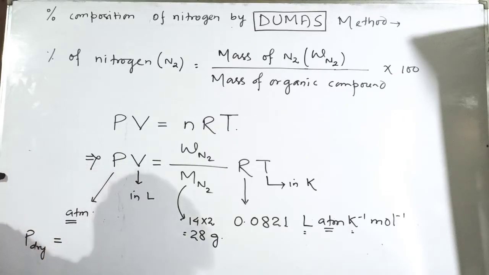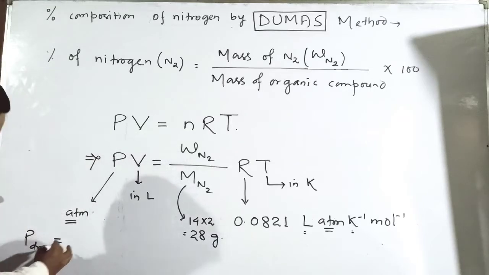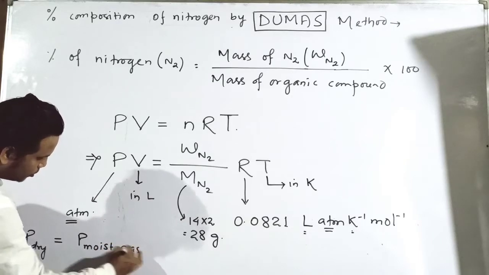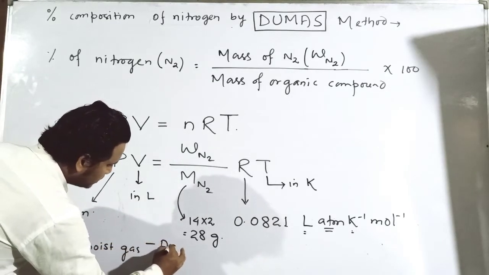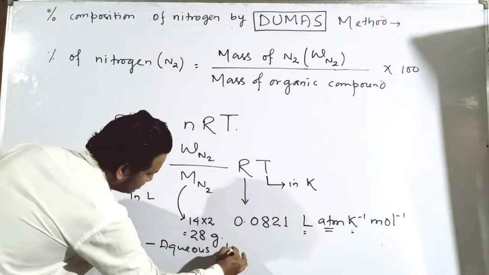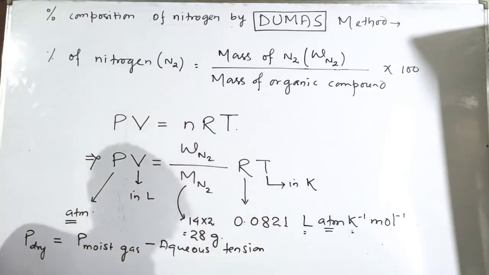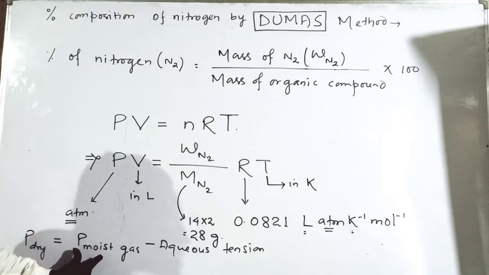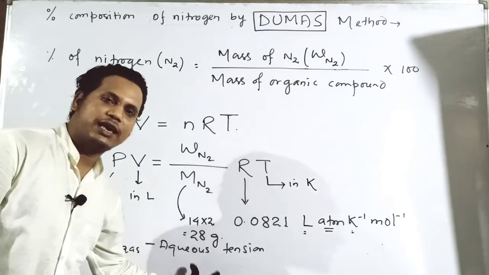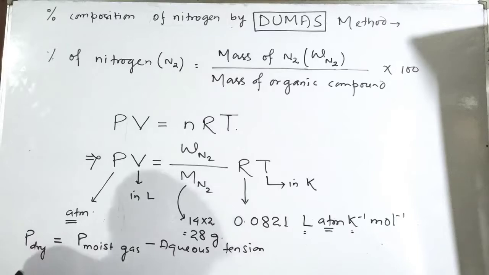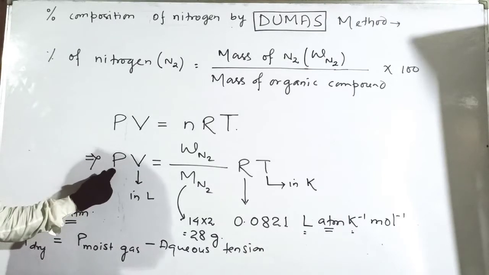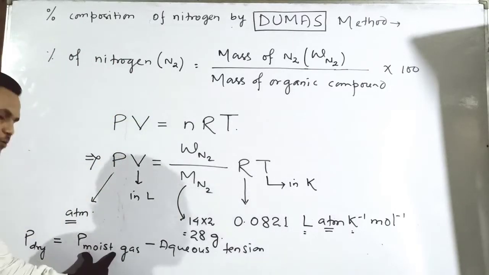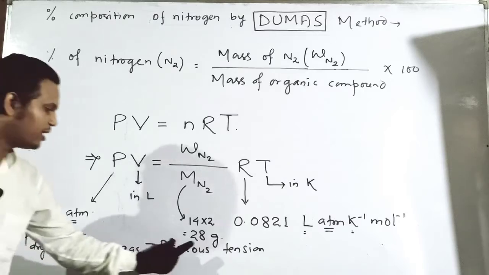So what is the formula for finding the pressure of the dry gas? The pressure of the dry gas is equal to the pressure of the moist gas minus aqueous tension. In the question, whatever pressure is given is generally of the moist gas, and aqueous tension will also be given.